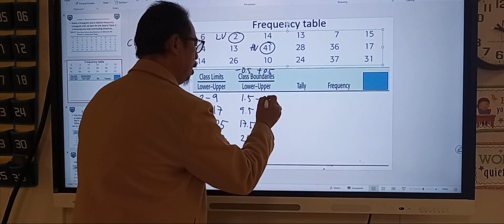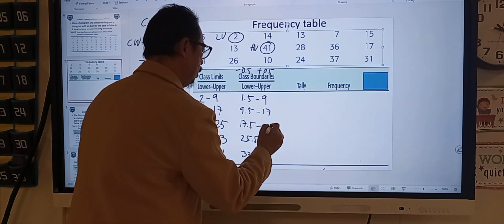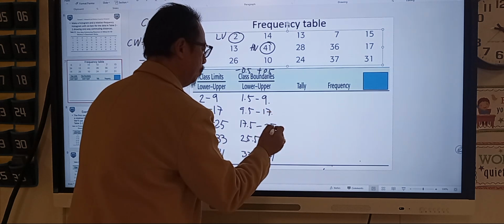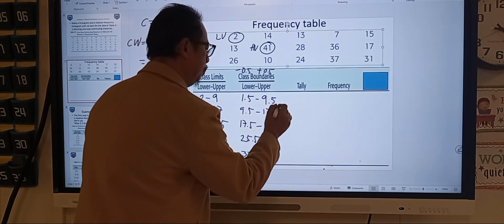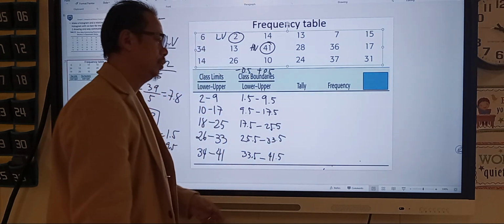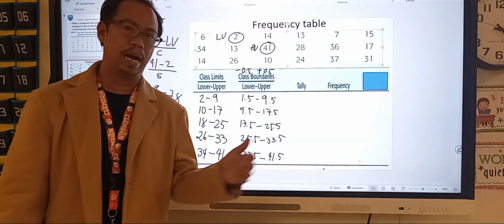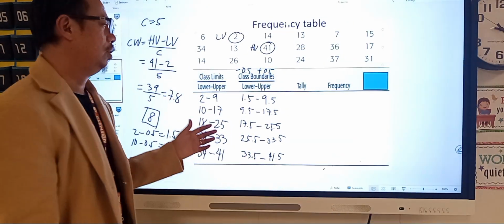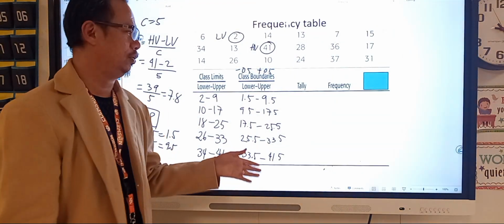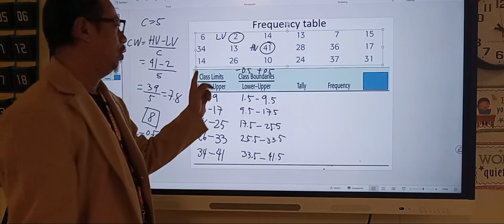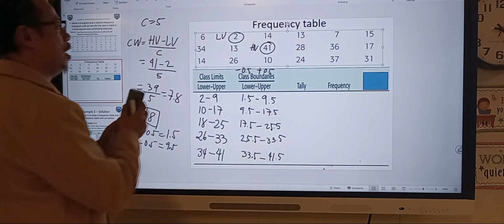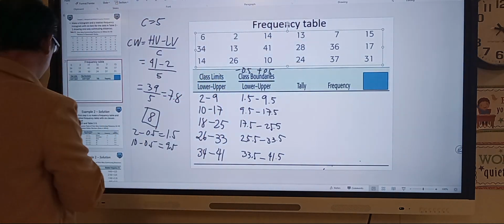So 9, 17, 25, 33, 41, then we put plus 0.5. That's it for the upper boundary. The upper class boundary is simply adding 0.5. Then the tally. Before we start with the tally, let's clear the upper portion first so that it will be clear to you.